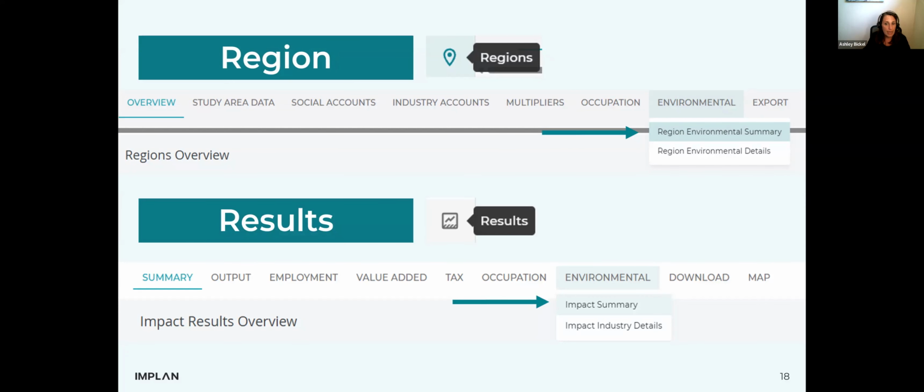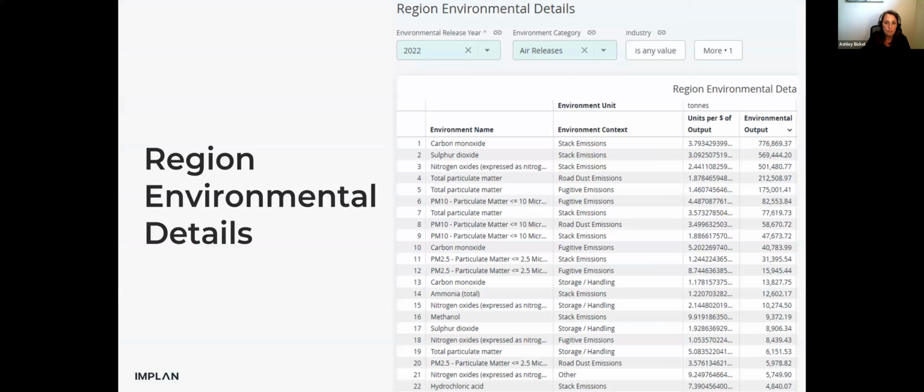The environmental impact data provides estimates of environmental impacts by industry and type of pollutant associated with a specific analysis. Both the region and the impact environmental data are available in a summary format grouped by 8 broad environmental categories, or in the detailed format, which is by each pollutant.